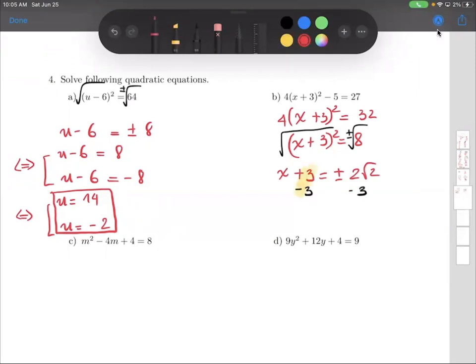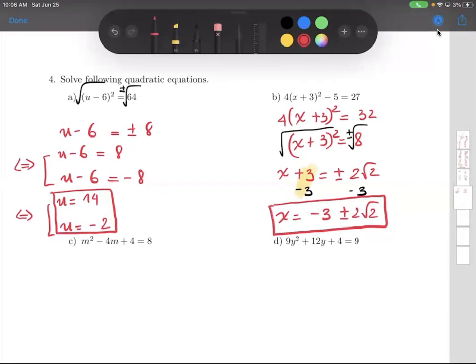I have x equals negative 3 plus or minus 2 root 2. You can write it separately. I like to combine them like this when I don't have to simplify more. You can write it as x equals negative 3 plus 2 root 2 or x equals negative 3 minus 2 root 2. Okay, but you can combine like that.